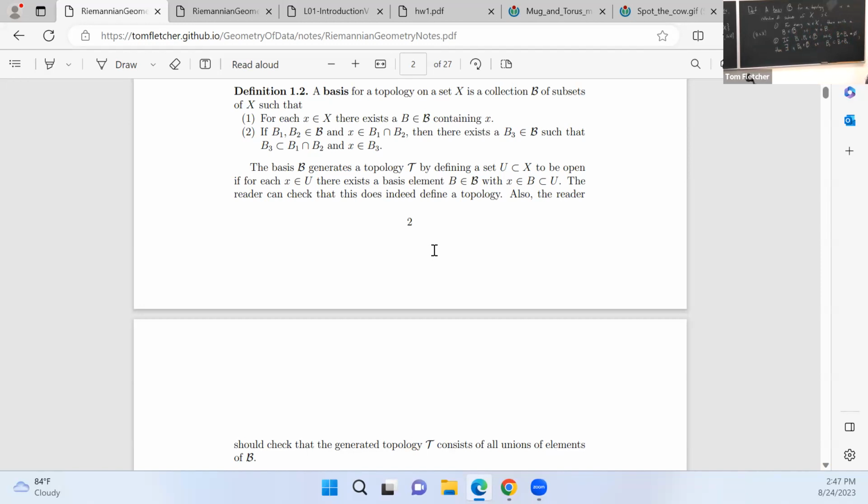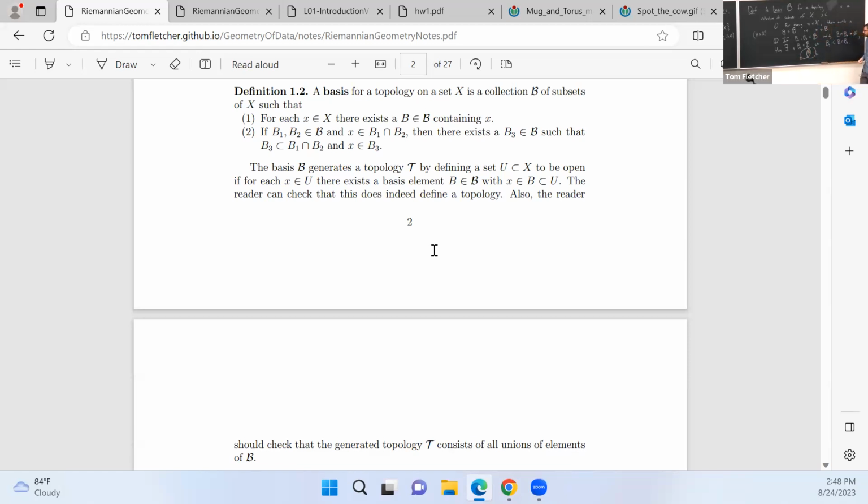I think it helps to have a picture, kind of like Venn diagrams. If I have two basis elements B1 and B2 that overlap, their intersection is non-empty. It means I can find a third basis element, B3, which is fully contained in that intersection.